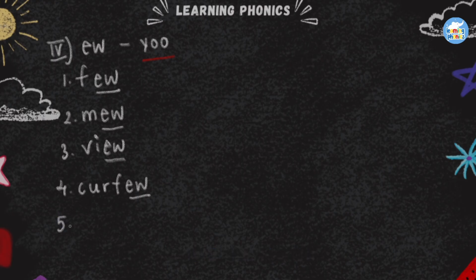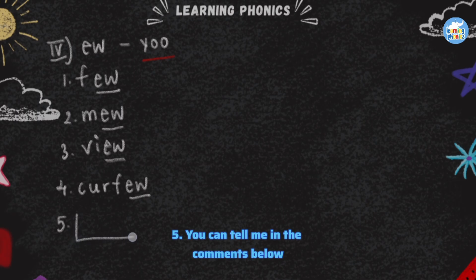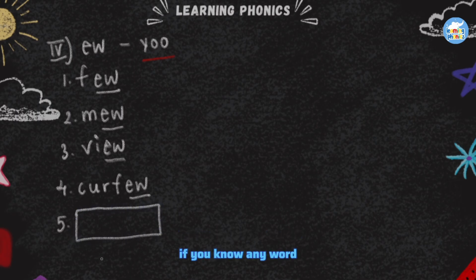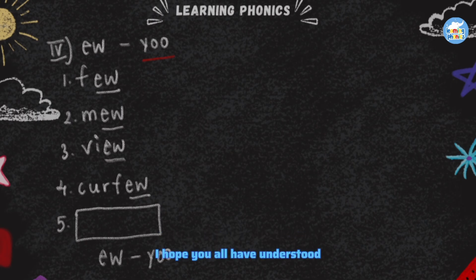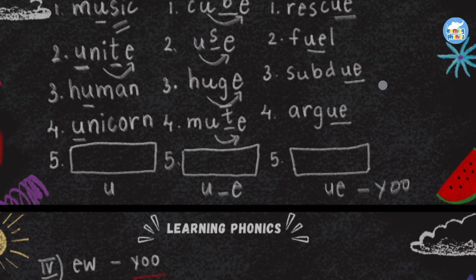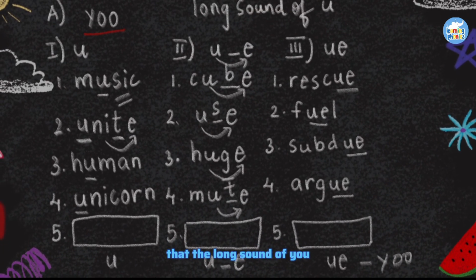And number five, you can tell me in the comments below if you know any word which has the letters EW, which makes the U sound. I hope you all have understood the long sound of U. First one is U says U, music.